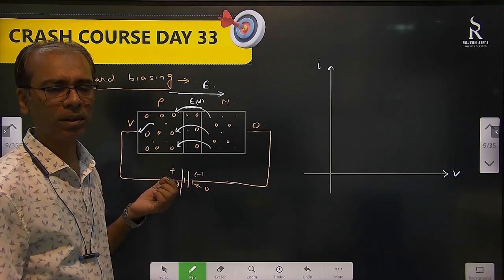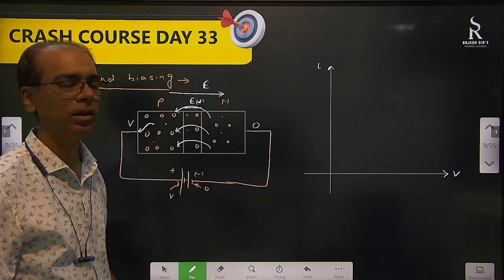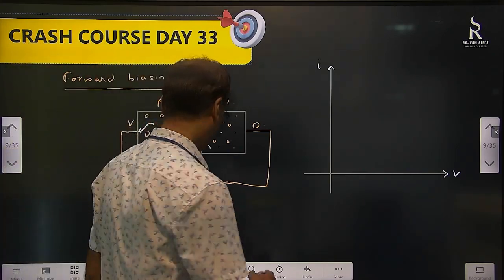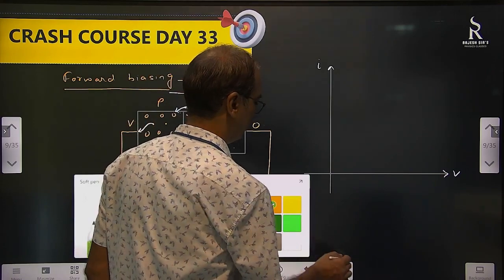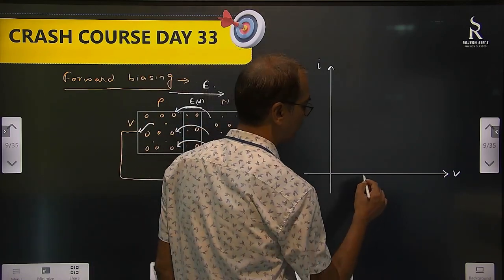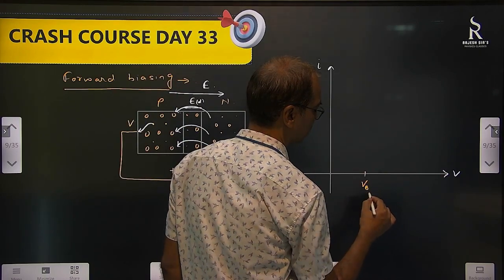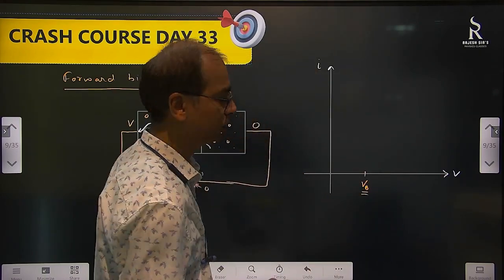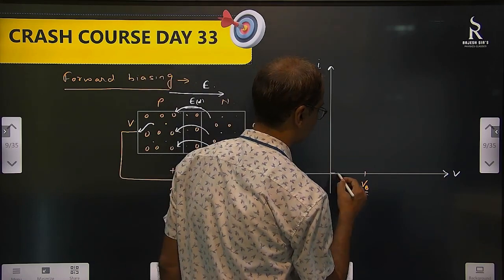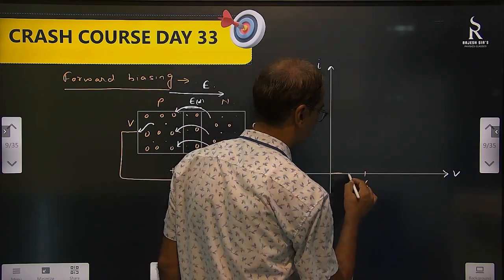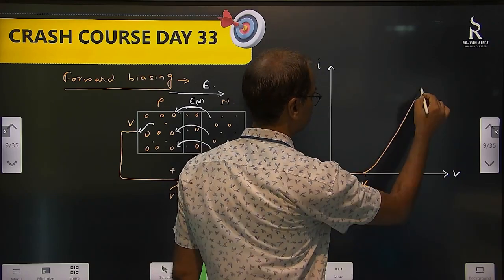Yes, but very little. Diffusion current and drift current are almost equal, so there is no current as such. From where will it start moving? When the external potential difference becomes equal to the barrier potential. So it will be like this, and then again it shoots.